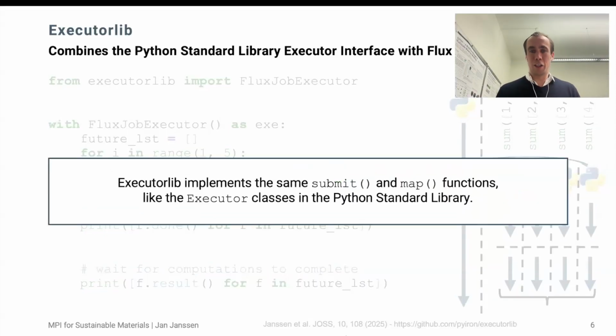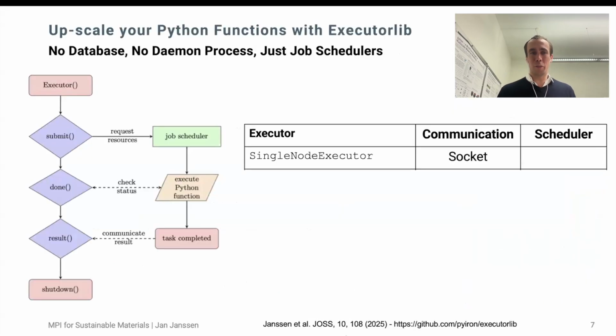All right, so in addition to the submit function, it also implements the map function to really fully reproduce the interface of the executor class. To bring this to a bit more abstract perspective, here I illustrate this in a schematic way. There are different executors that are now implemented in Executorlib to really follow the scientist over the whole journey, starting with the development on their local computer. There we use the single node executor and use sockets for the communication.